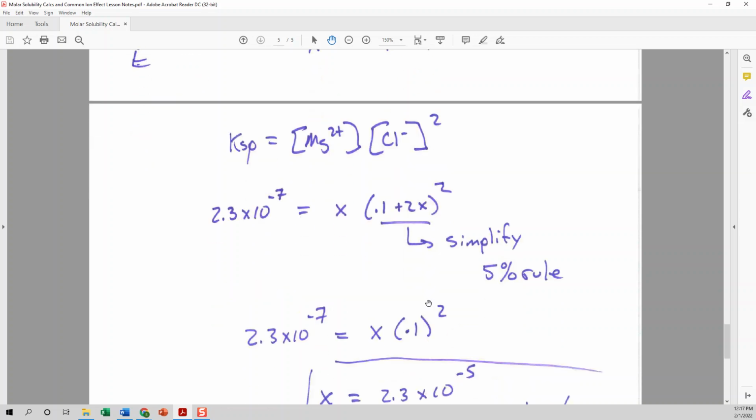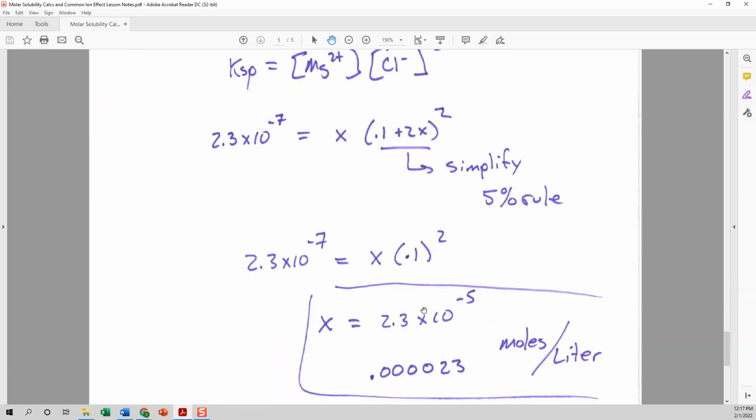We're going to get rid of that, and then we get this, okay? 2.3 times 10 to the negative 7 equals X times 0.1 squared. So we make that simplification, and now it's really easy to solve for X, and we get 0.00023, or 2.3 times 10 to the negative 5 moles per liter. So that's the molar solubility in a 0.1 molar solution of sodium chloride, okay?